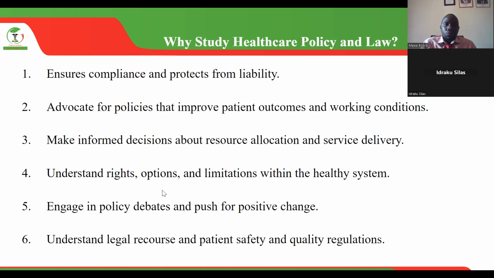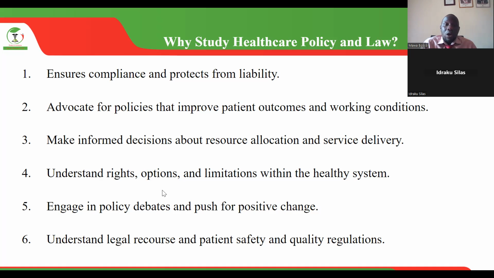And then also understanding the process of making policies can enable us to make informed decisions about how resources can be allocated and what type of services can be delivered and how they can actually be delivered.